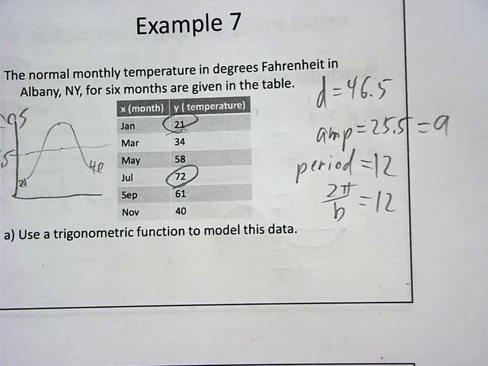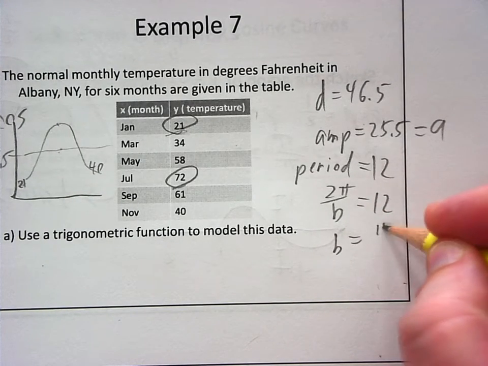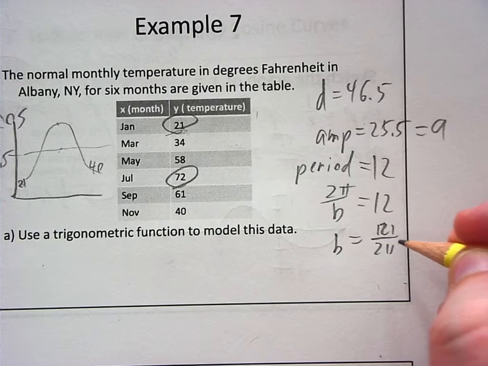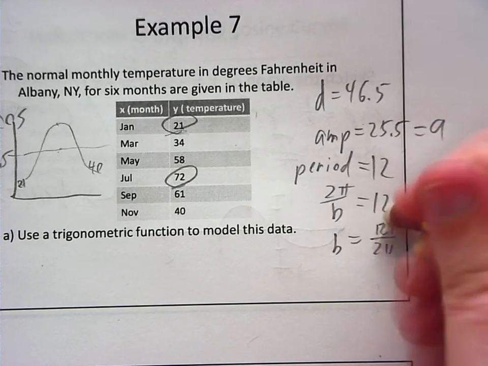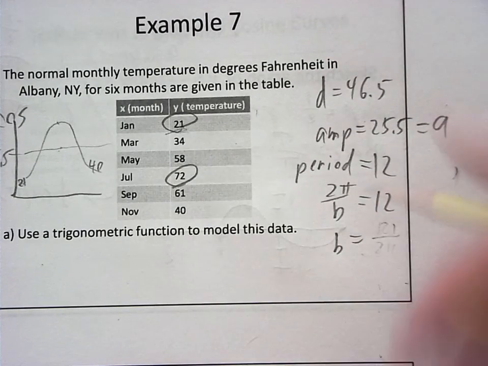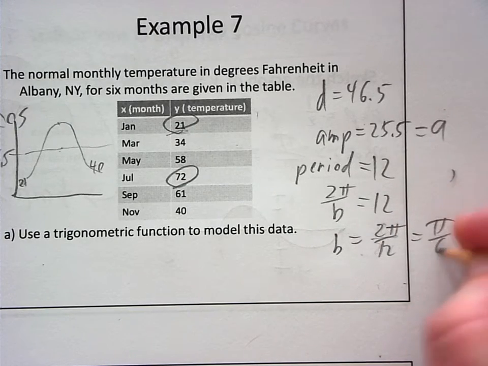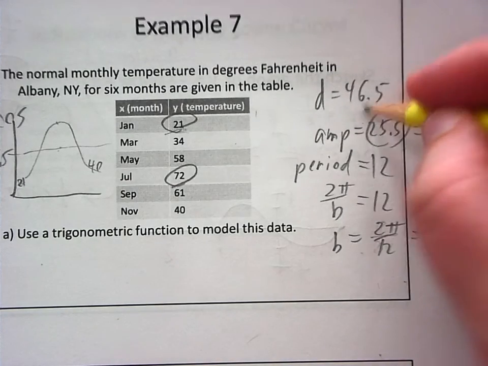If I solve this for b, cross multiply and divide, you get 2 pi over 12, which simplifies down to pi over 6. So that's your b value, your a value, and your d value.